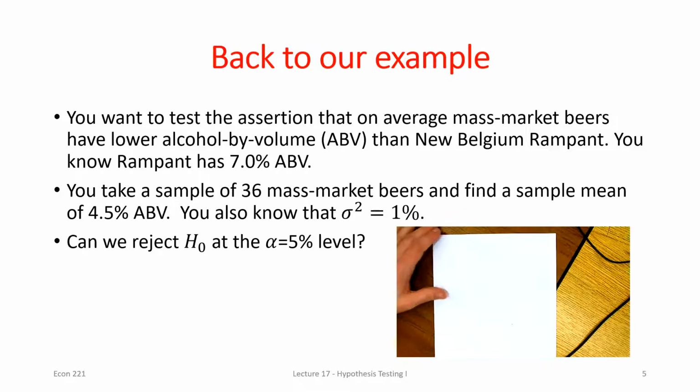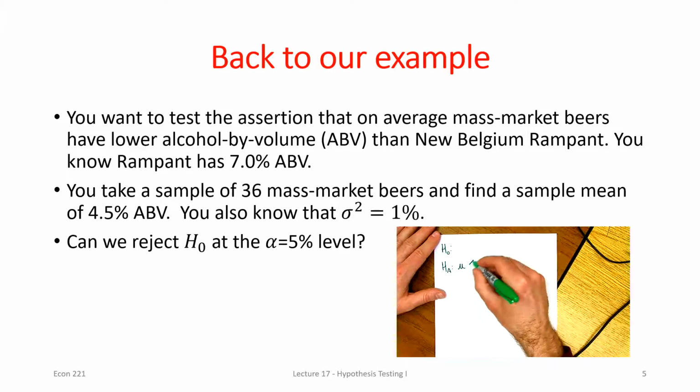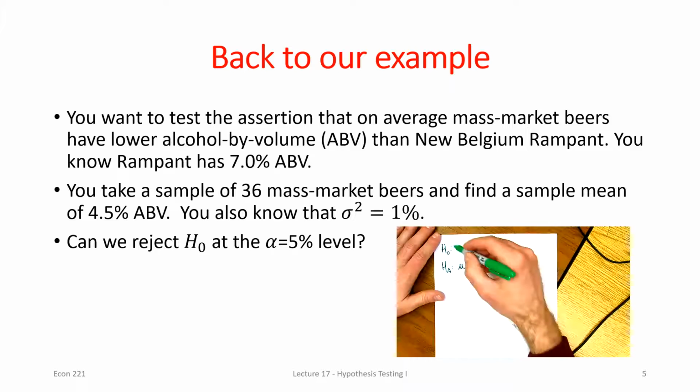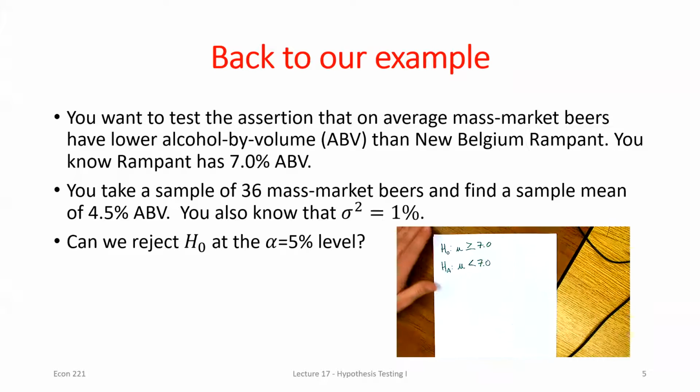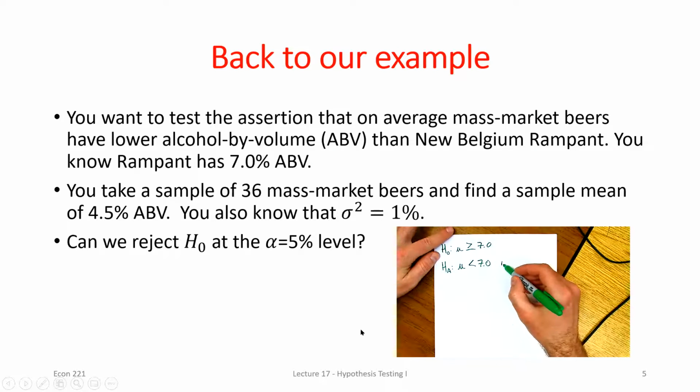So we had this example, and we said, okay, what we want to test for is whether or not the true mean is less than 7%, which meant that we assume the opposite is true and stack the deck against ourselves, which is that it's greater than or equal to 7%. If we look at the alternative hypothesis here, we have a less than sign, so we've got a left-tailed test.